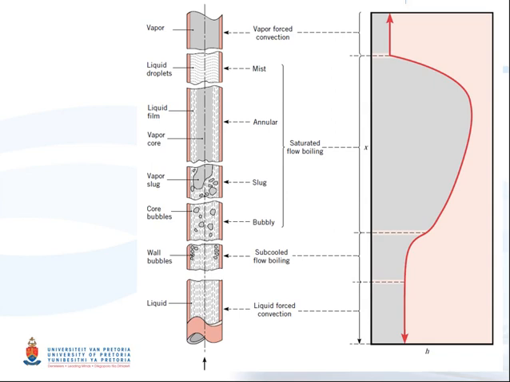This regime is characterized by significant radial temperature gradient with bubbles forming next to the heated wall and subcooled liquid flowing over the center of the tube. The thickness of the bubble region increases further up the stream, and eventually the core of the liquid reaches the saturation temperature of the fluid.